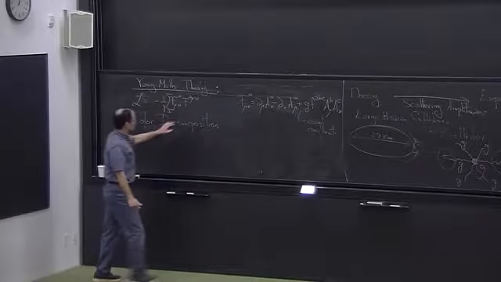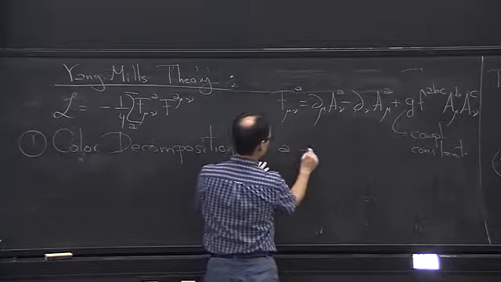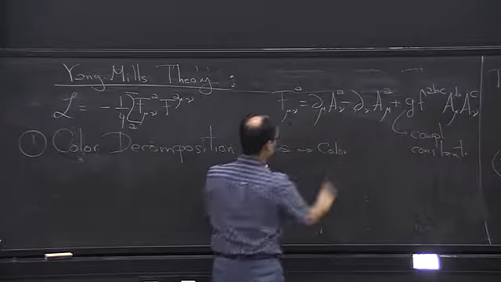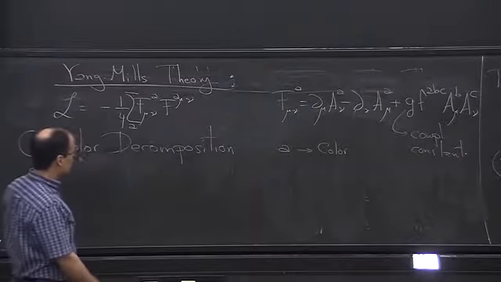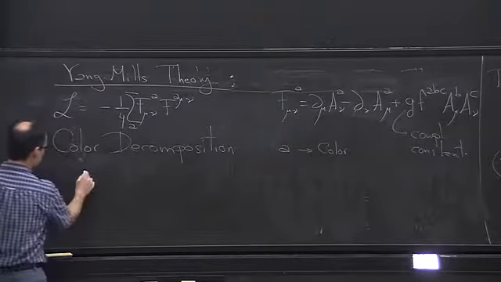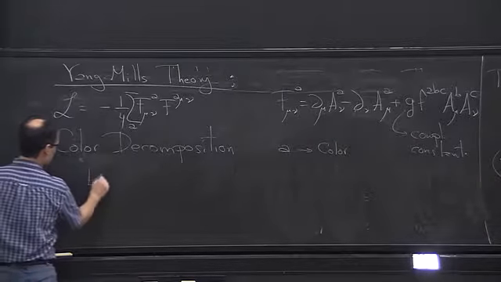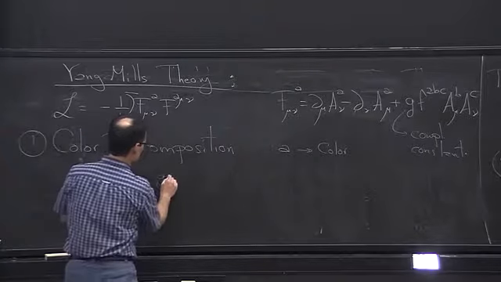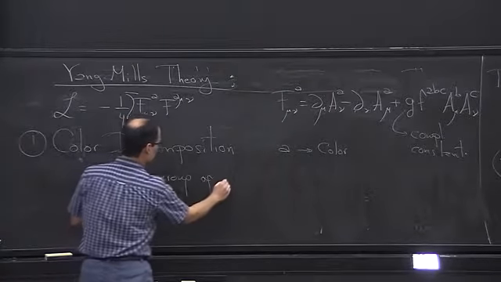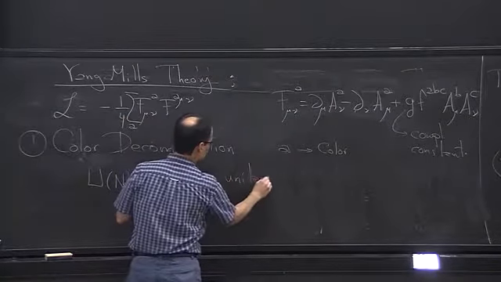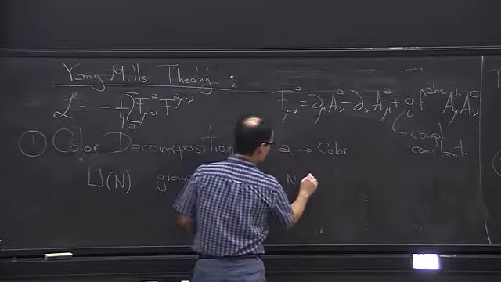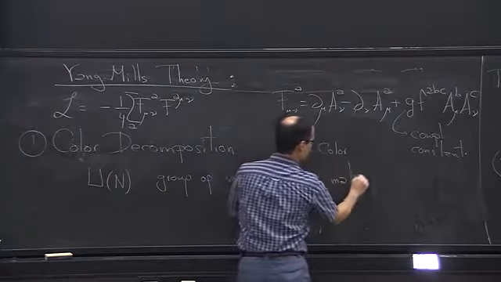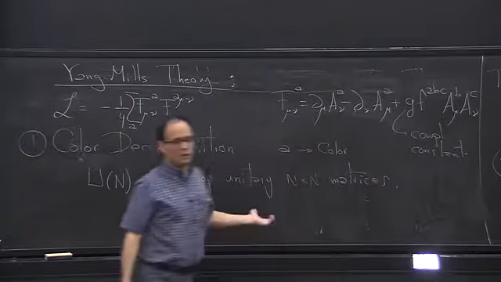So why color? Well, this index a is what people call color. And it is based on a group structure, which we're going to take to be U(N). So this is a group of unitary N by N matrices. Why do they form a group?